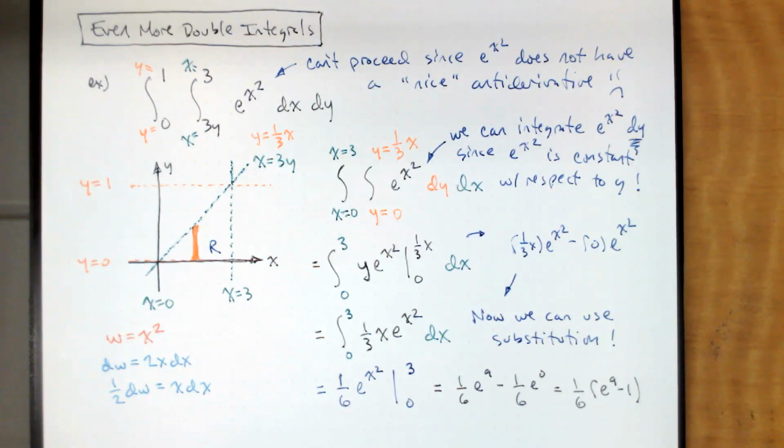Now, if you watch this problem unfold and see us reverse the order of integration, do the simple integration of e to the x squared with respect to y, and have that y install for us exactly the dw we needed, and you think that's awfully contrived.